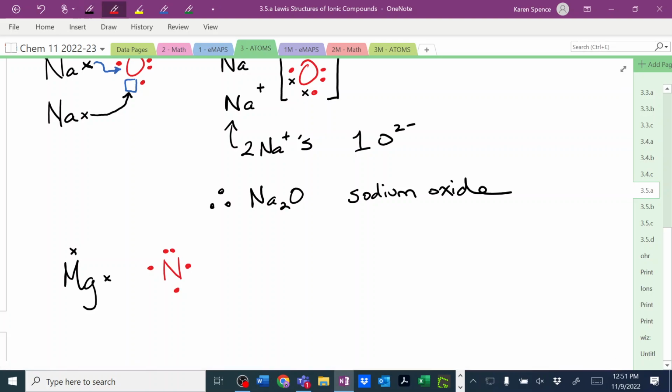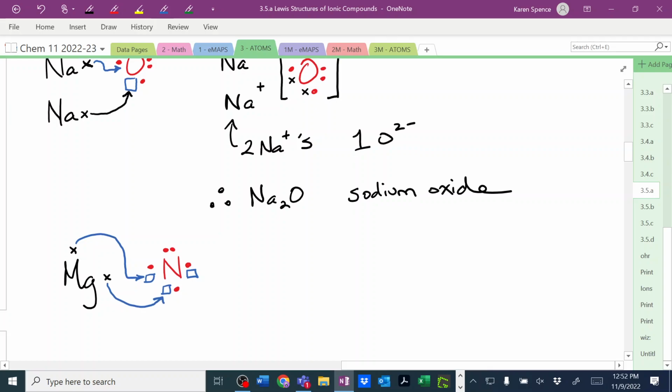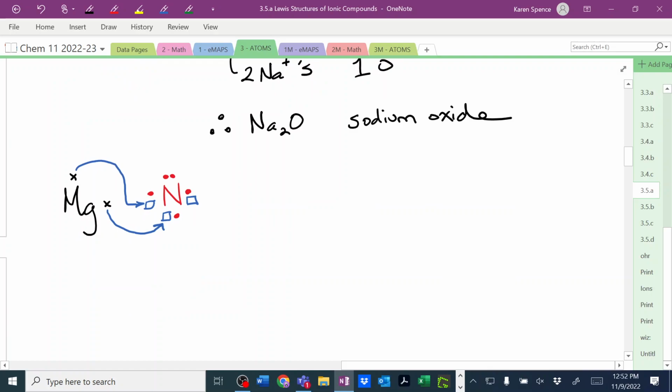So we have 1, 2, 3 little gaps, yes? So we'll take 1 electron and move it in here. We'll take a second electron and move it in here. Oh no! What's wrong?